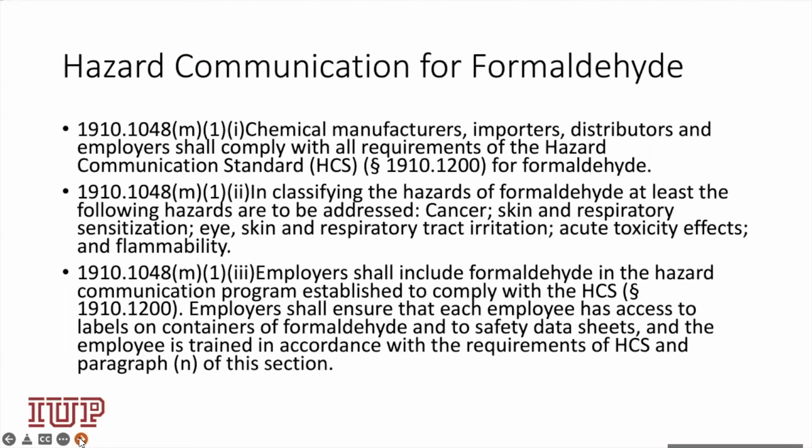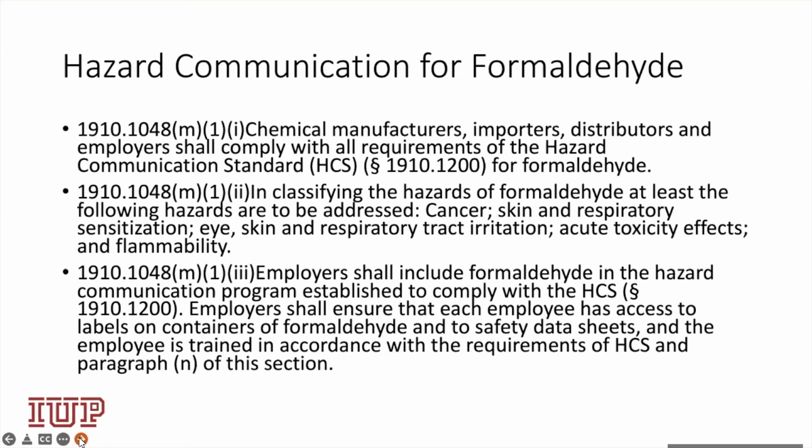So the hazard communication for formaldehyde in standard 1910.1048, specifically (m)(1), chemical manufacturers, importers, distributors, and employers need to comply with all requirements of the hazard communication standard for formaldehyde. In classifying the hazards of formaldehyde, at least the following hazards need to be addressed: cancer, skin and respiratory sensitization, eye, skin, and respiratory tract irritation, acute toxicity effects, and flammability.